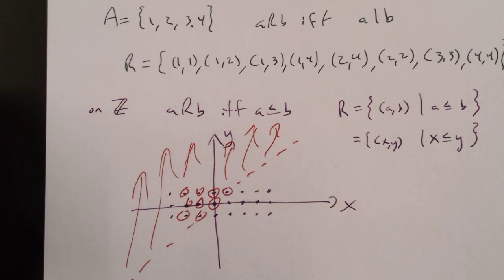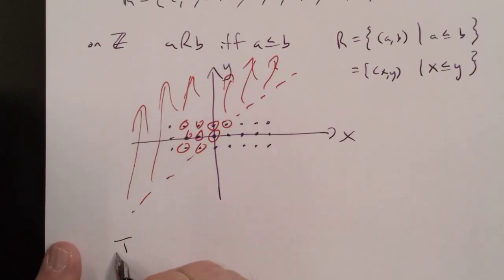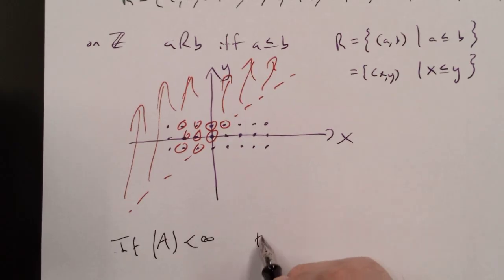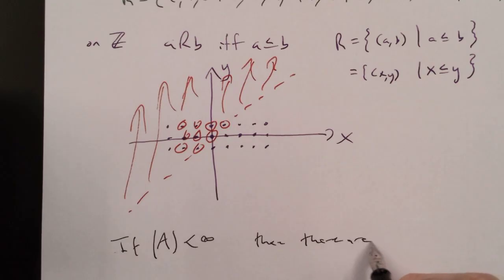If A is a finite set, then how many elements are there in the Cartesian product?